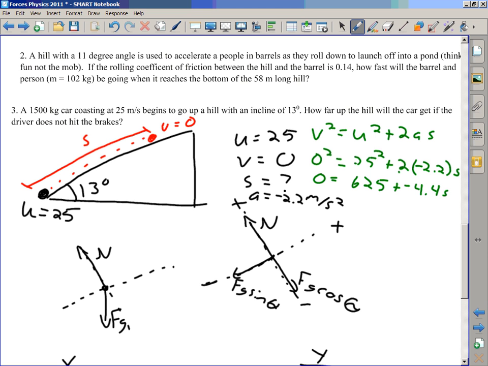So now I've got negative 625 equals negative 4.4s. s is the end goal. That's the displacement. Divide both sides by negative 4.4, and I get a displacement uphill of what? 142. Let's check sig figs and wrap it all up. Looks like I get 2 sig figs, so 140 meters.